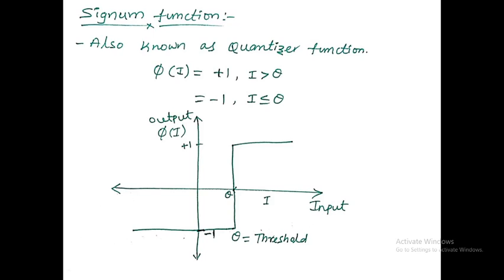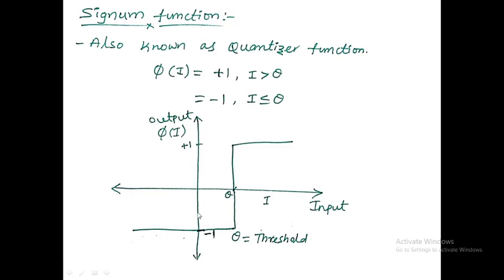That means it will vary between -1 and +1. Earlier, for the threshold or step function, your output varies between 0 and 1 only. But here you can get the output which can vary between -1 and +1. It is the signum function. The corresponding representation of the signum function is again similar.